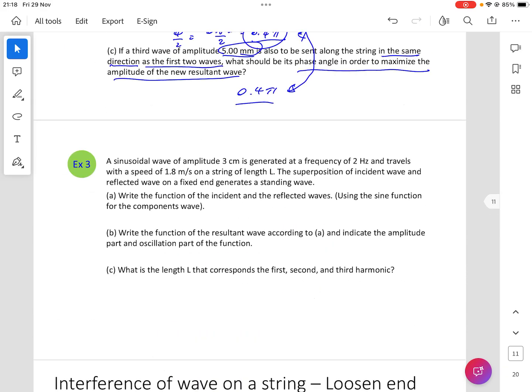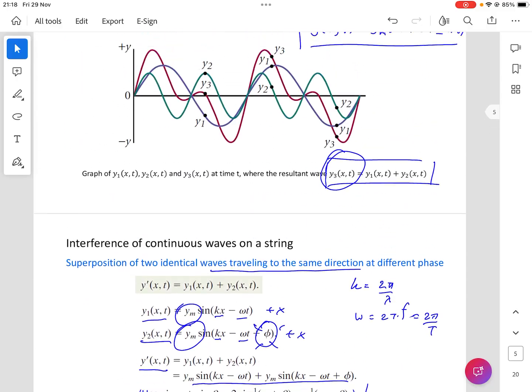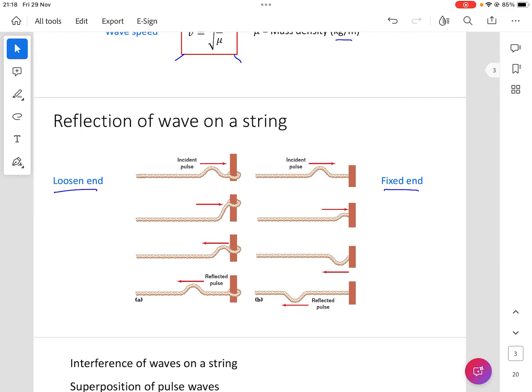Let's go back to the previous slide, where we talked about the reflection of a wave on a string. I mentioned loose end and fixed end, but I didn't mention what you really get from the reflection. For the loose end, you get the wave reflected back.